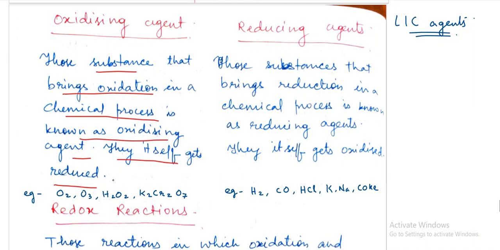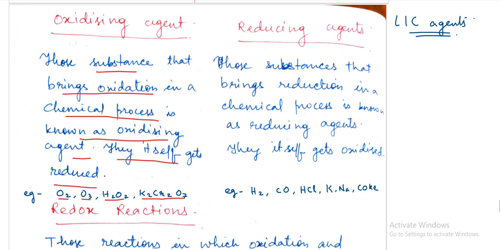Let us see some examples of oxidizing agents. Oxygen and ozone are gaseous oxidizing agents. Then H2O2, that is hydrogen peroxide, and K2Cr2O7, that is potassium dichromate. All these substances are examples of oxidizing agents.